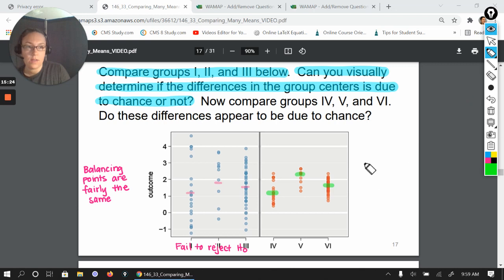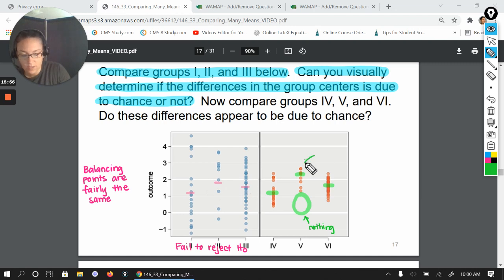Also notice that there's nothing here for this middle one. All the points are really close together here, but they're not spread out over here. So here there's nothing. These balancing points look a little more spread out than the first group's balancing points.